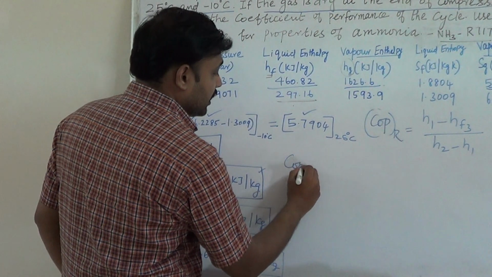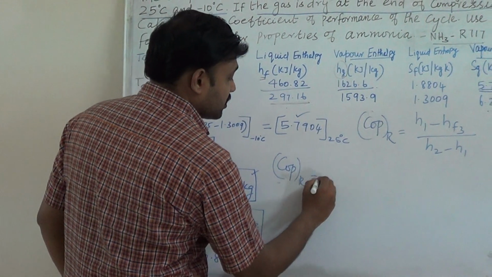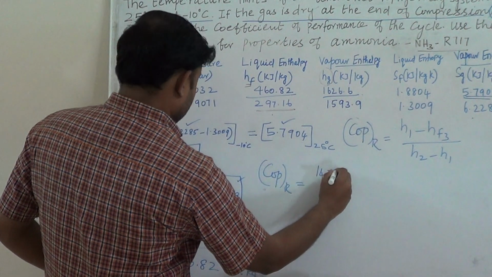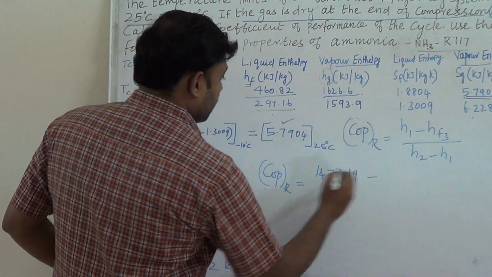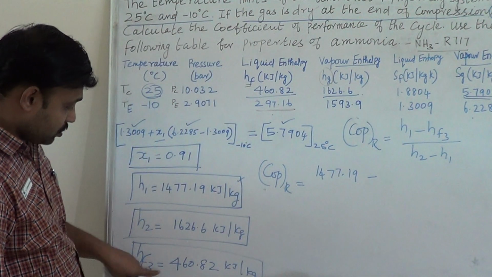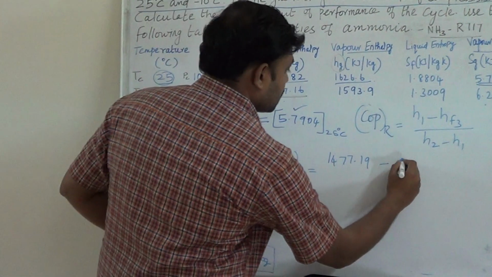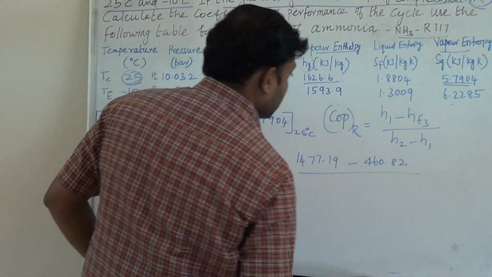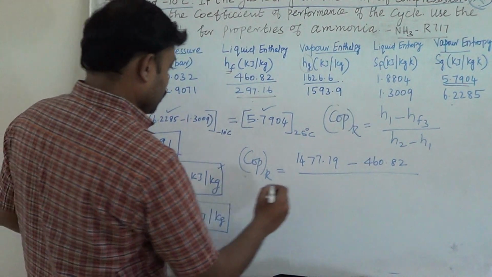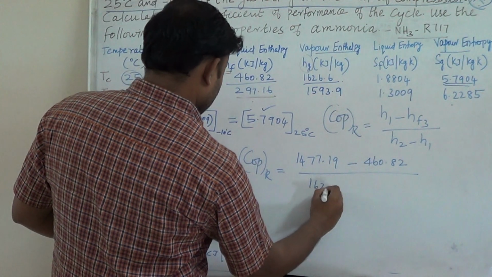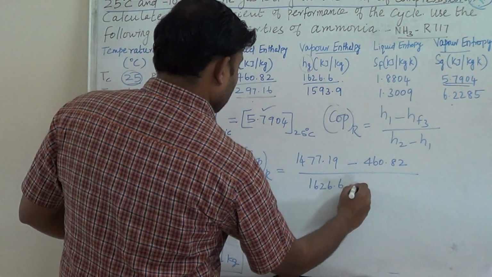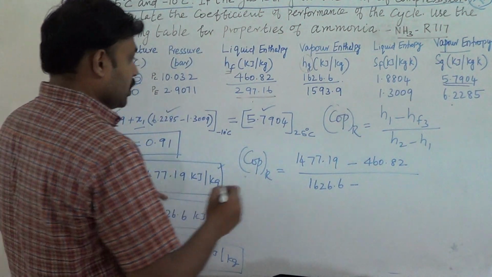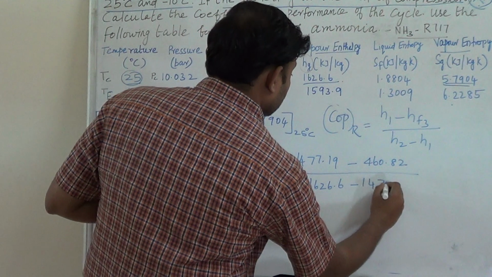So the COP of refrigeration is equal to the value of H1, 1477.19, minus the value of HF3, 460.82, divided by the value of H2, 1626.6, minus H1, 1477.19.